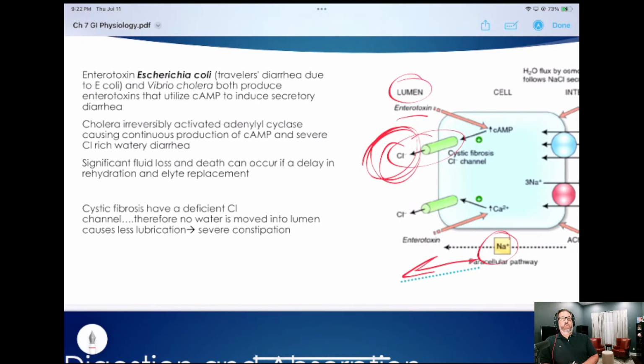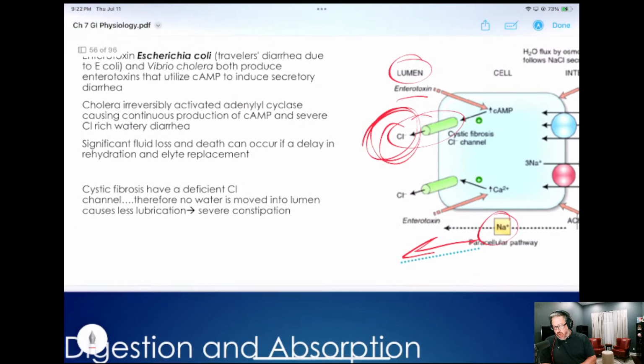So a lot of water goes in, profuse diarrhea when these chloride channels get turned on. Now, when the chloride channels get turned off, like in cystic fibrosis, their chloride channels don't work very well. Because the chloride channels don't work, no water can really flow into the intestines. Less lubrication of water, so patients with cystic fibrosis have severe constipation.